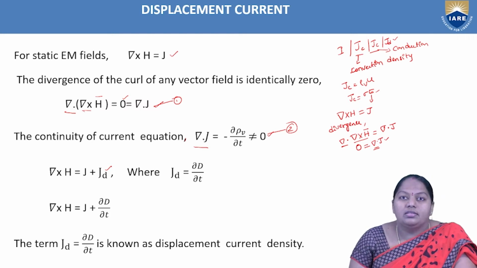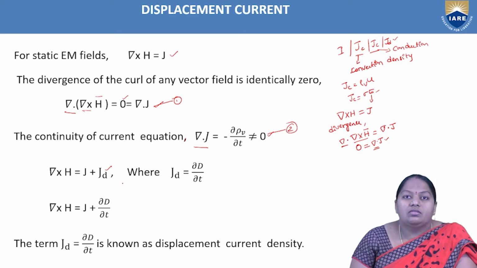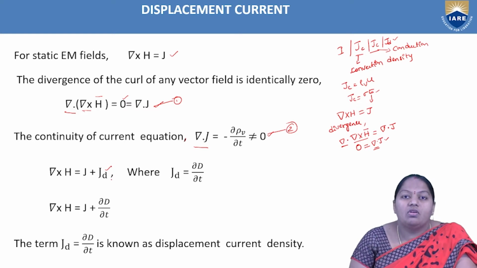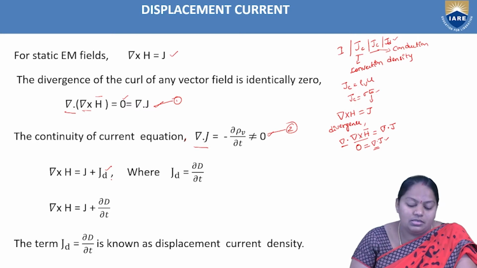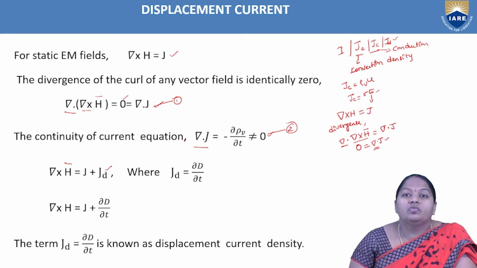conduction current density. Hence, the modified form of Ampere's Circuital Law, obtained in the case of time varying fields or electromagnetic fields, is del cross H equal to J plus JD, where H is always a vector. Right?